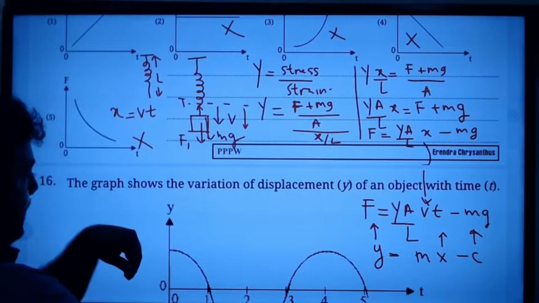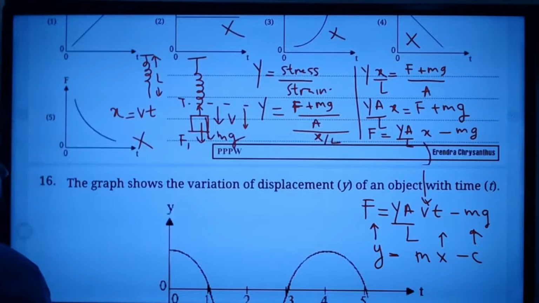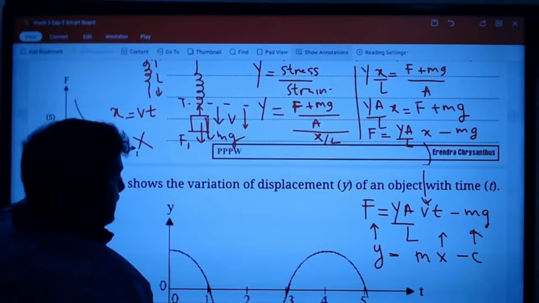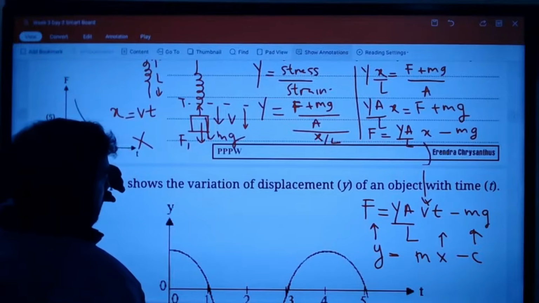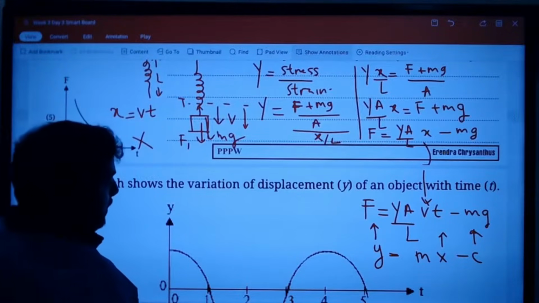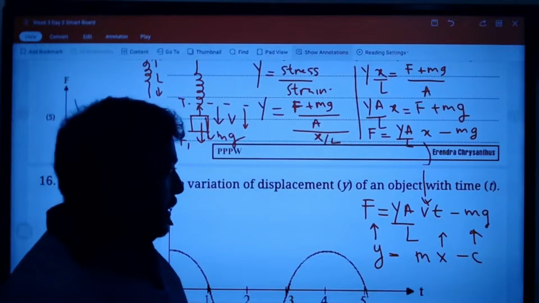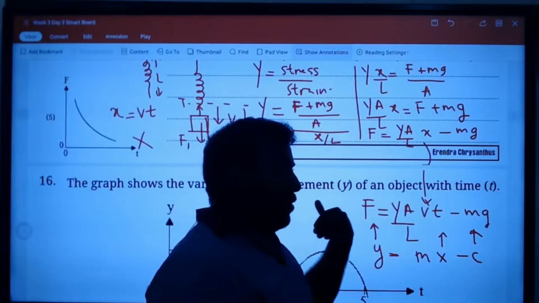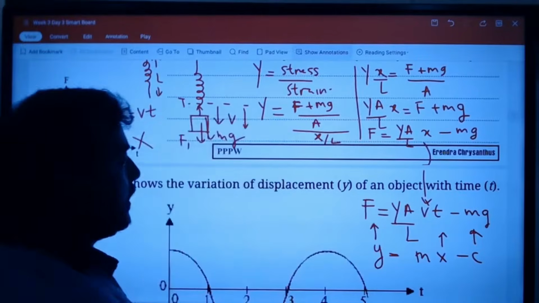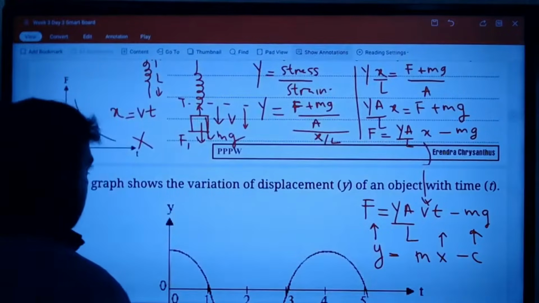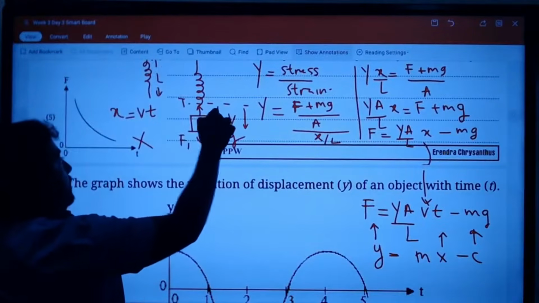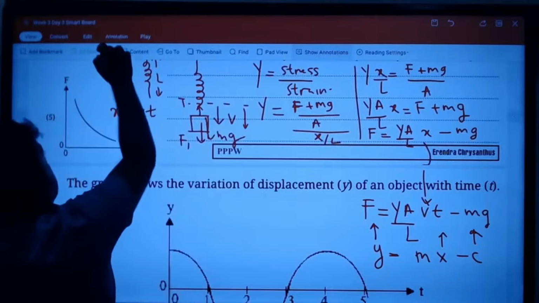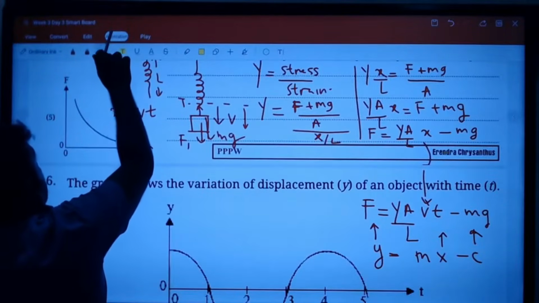After the mass is applied, let's see from where it is considered. When t is equal to 0, F is equal to minus mg. I think they are considering the extension from here, not from the beginning.